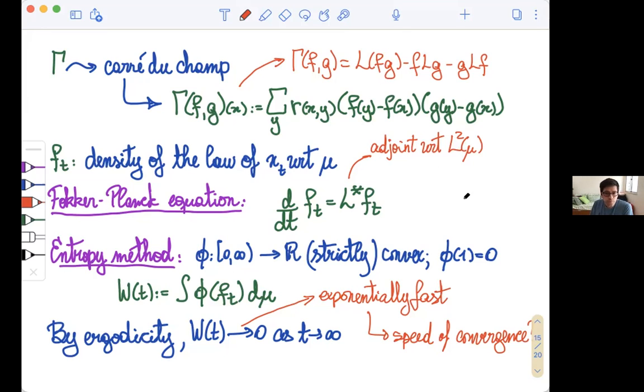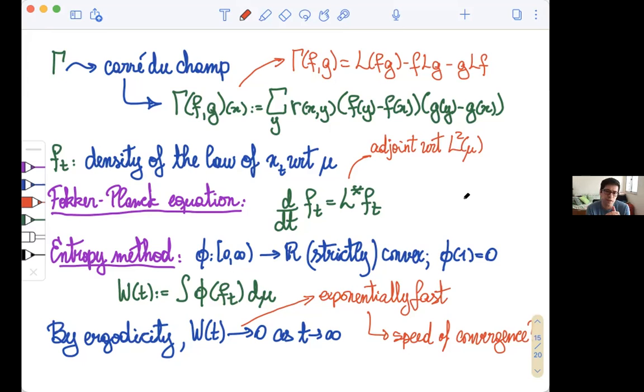So this is the Carré du champ, and you will see that it enters in a very natural way when you perform computations with the following object, which is the density of the process. Let me call ft the density of the distribution of xt with respect to mu. I'm not talking about the initial condition for xt. Let's assume for the moment that xt just starts at the deterministic point x0.